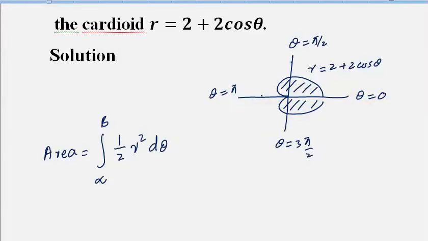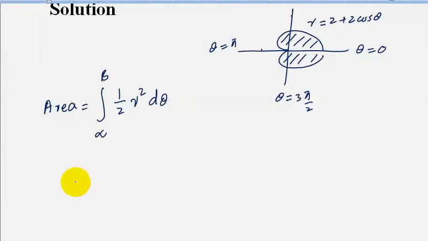So in this case, our area is equal to 2 times, as this curve is symmetric about x-axis. So first we find area above x-axis, and below this curve r is equal to 2 plus 2 cos of theta. Remember, here this is our point r equal to 4, and this point is r is equal to 2.